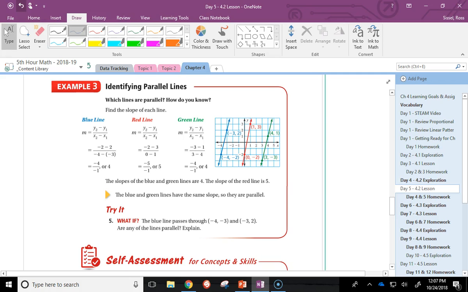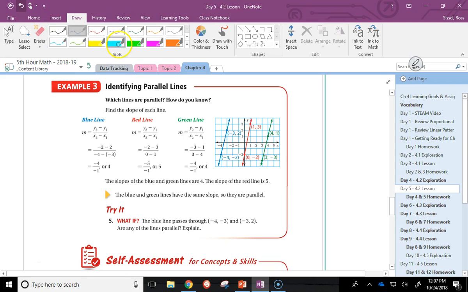If the slopes are equivalent fractions. Good. On your assignment today, Parker, they're going to ask you which lines are parallel. All you have to do is find the slope of each line, and if the slope is the same, you know they're parallel. Here it is.